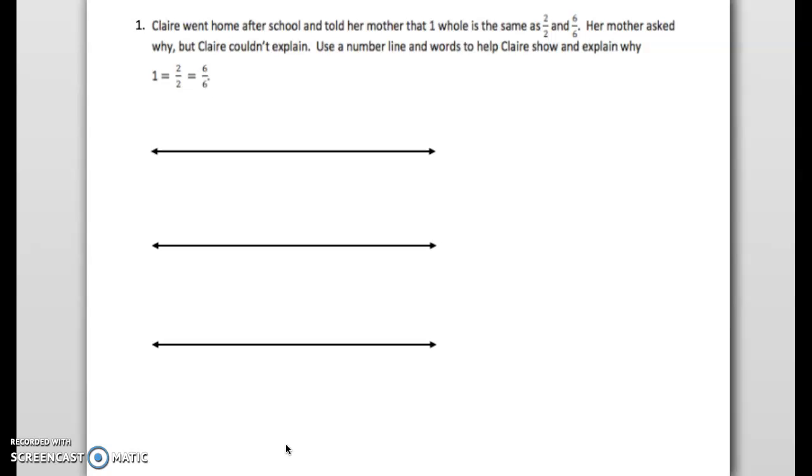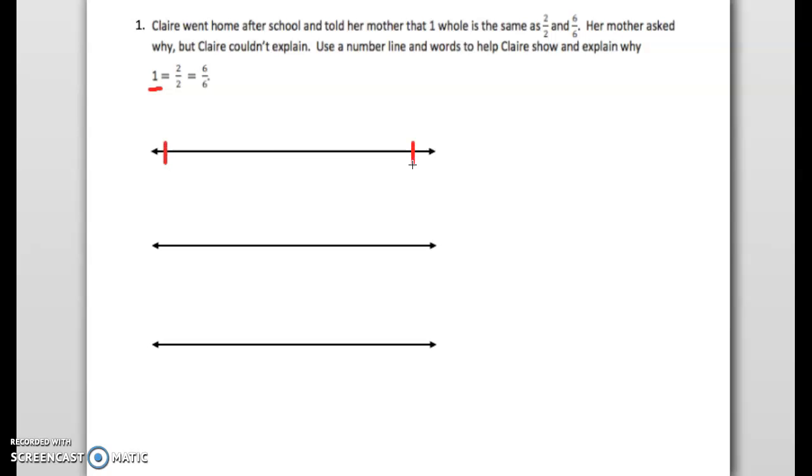So what we're going to do is place each of these numbers or fractions onto each of the following number lines. We can begin with our first number, 1 whole.